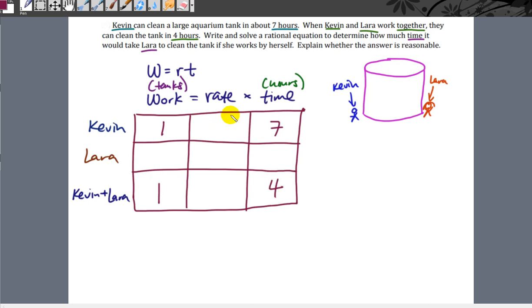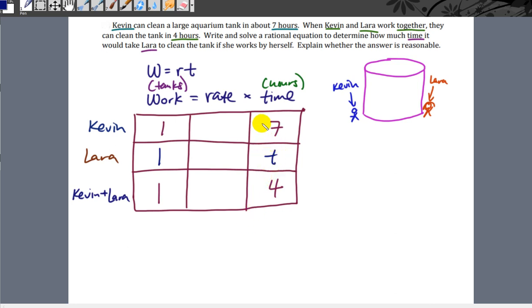Our goal is to solve a rational equation to determine how much time it would take Lara. So if Lara cleans one tank by herself, we're trying to figure out how much time it takes.